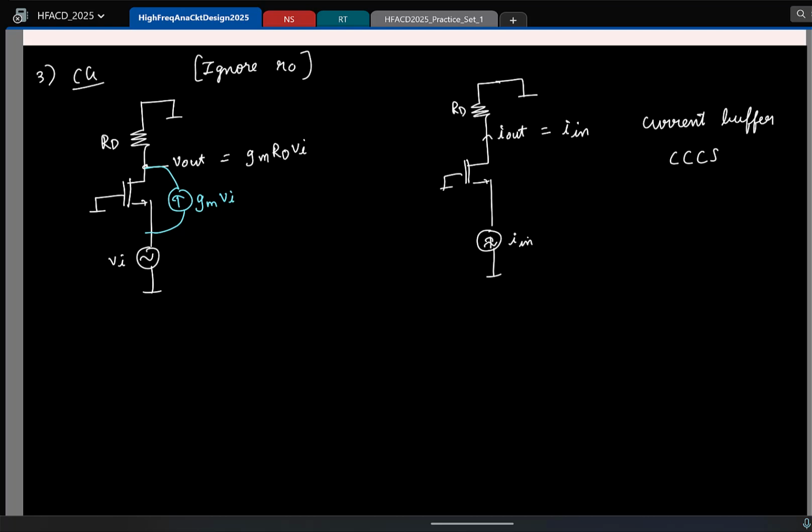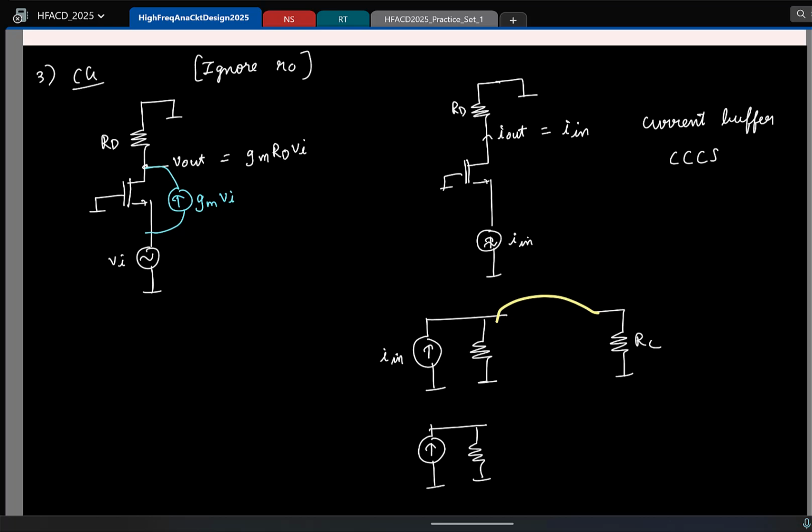So once again, the requirement of a current buffer is because of this. I'm sure you know it. Let me just mention it for completeness. You have Iin, let us say. It can have its own output resistance. If you wanted to connect it to a load RL, if you connect it directly, only a fraction of this current will get delivered to the load. So instead what you do is this, you take the help of a current buffer.